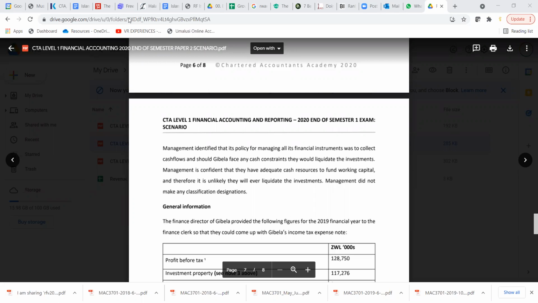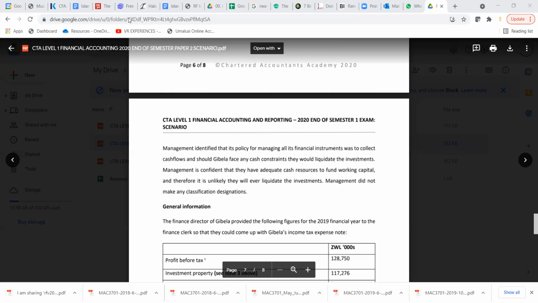We start with the classification of financial assets. The financial assets shall be measured at amortized cost if two conditions are met. One, the asset is held within the business model whose objective is to hold the financial asset in order to collect the contractual cash flows.